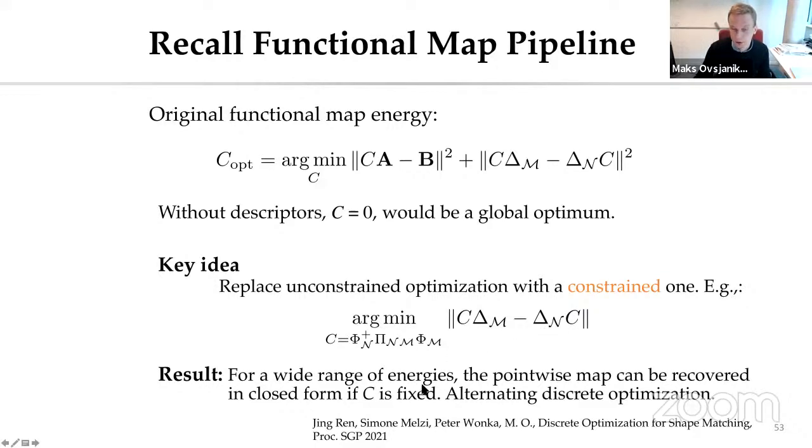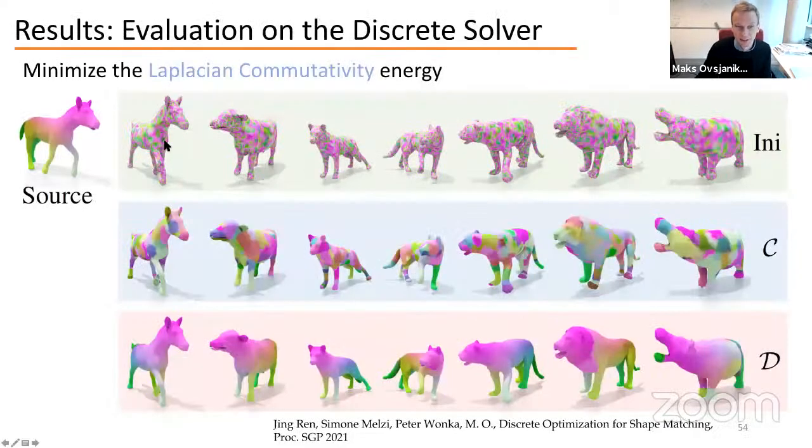And so what we show is that for a wide range of energies, including this Laplacian commutativity, the point-to-point map can be recovered in closed form if the functional map is fixed. So we have this alternating discrete optimization problem. Here are some funny results where you have an initial shape and an initial random point-to-point map that has no structure at all.